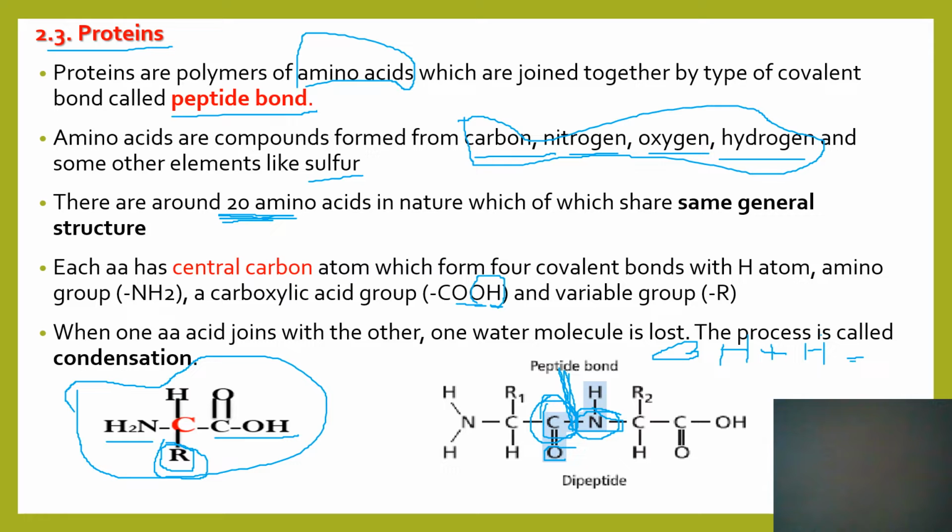H2O, water. In this manner, a water molecule is lost when two amino acids are joined together by a peptide bond and the dipeptide molecule is formed. This process is known as the condensation process.